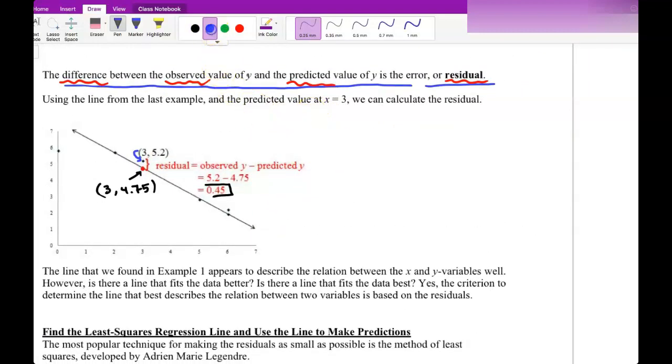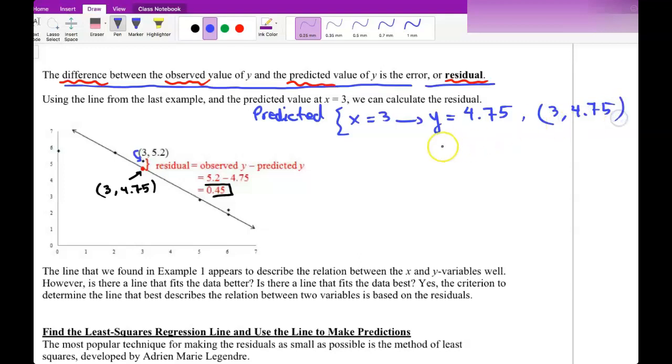Okay, so for predicted, when x was 3, we got this number for y. So we had this point for the pair. And from the table, observed is for x equal to 3, we have y equal to 5.2.